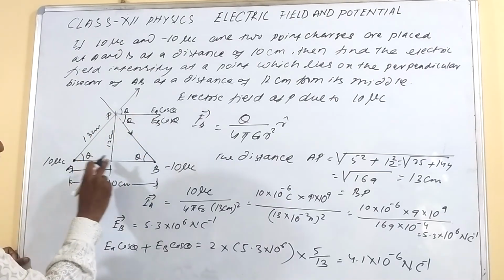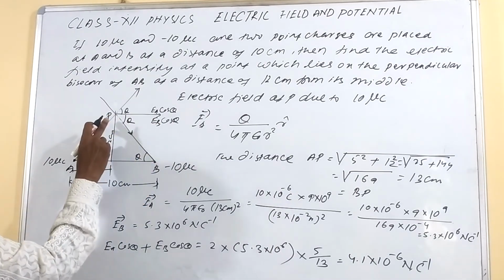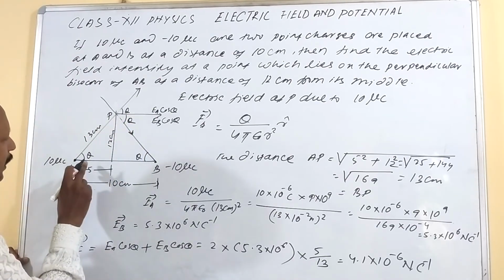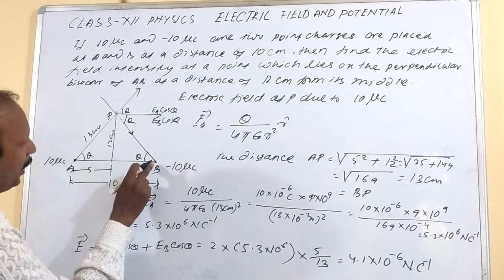From this figure, it is clear that the direction of the electric field at the point P is parallel to AB.